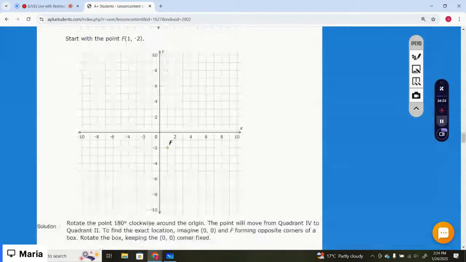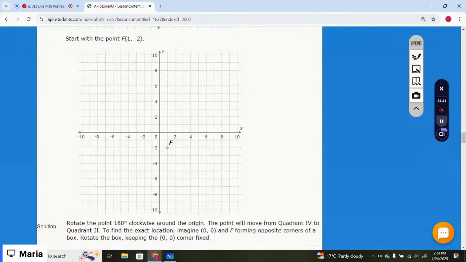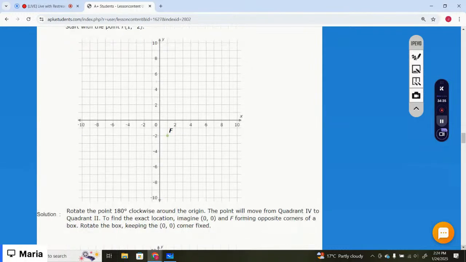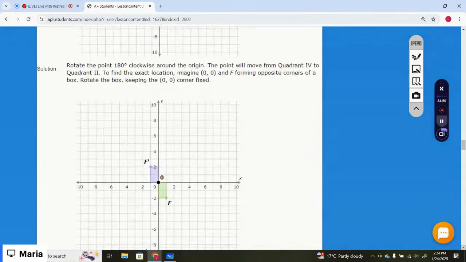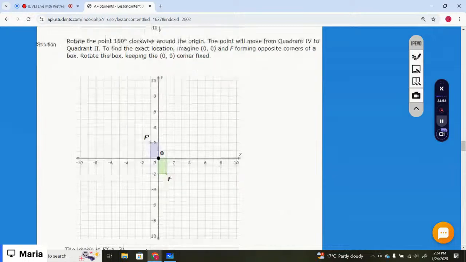Start with the point 1, -2. Rotate the point 180 degrees clockwise around the origin. The point will move from quadrant 4, from here to here, which is quadrant 2 now. To find the exact location, imagine 0, 0 and F forming opposite corners of the box. So start from here and move it to the other side.